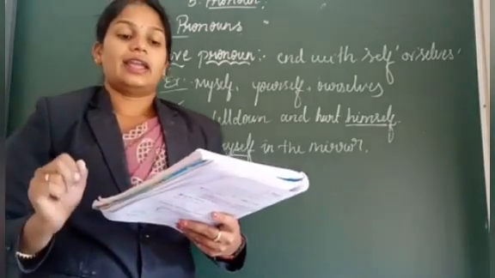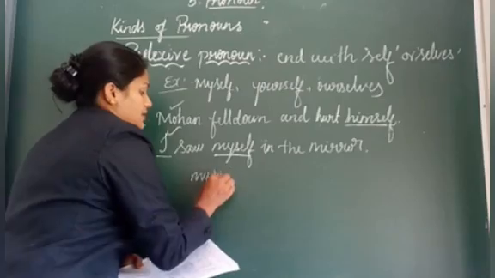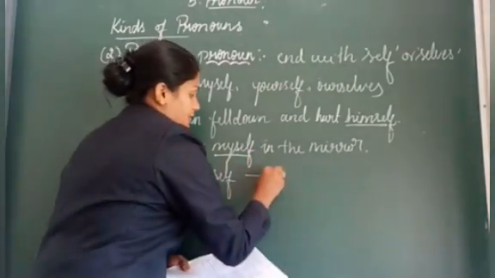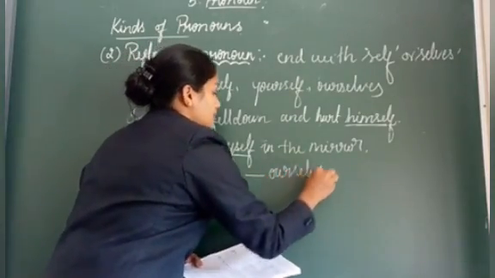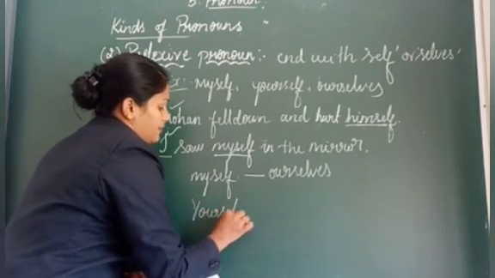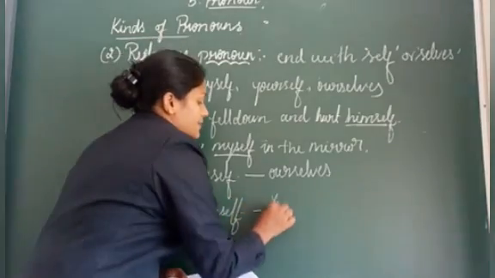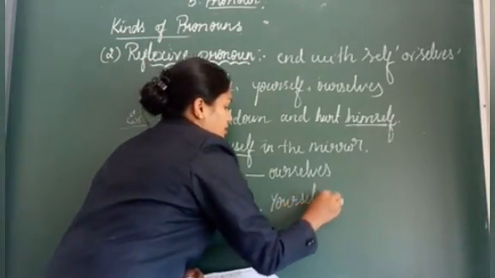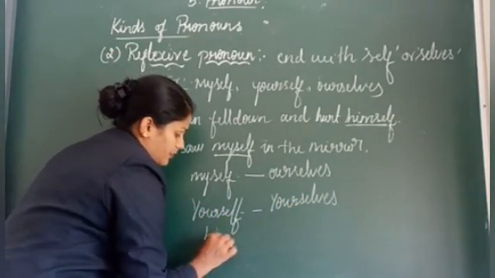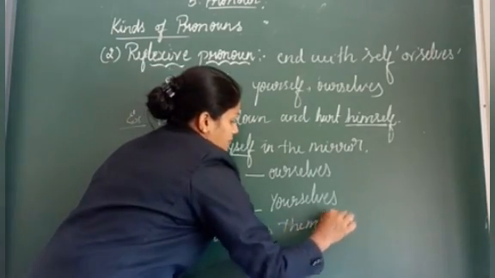Then for singular and plural. In the singular form, myself we use. Same way in the plural form, how we say? Ourselves. And yourself? In the plural form, how you say? Yourselves. Then himself, themselves.